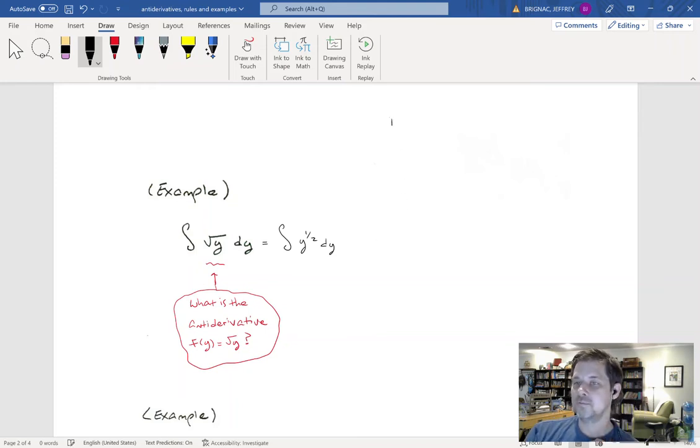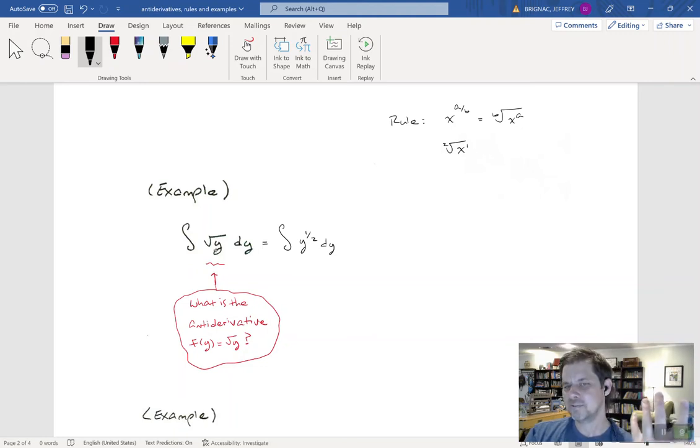The rule for conversion between roots to fractional exponents is that if we said, like, I've got some number x to the power a over b, that power is a fraction, can be interpreted as the b root of x to the a power. So when I see the square root of x, the square root is the second root.